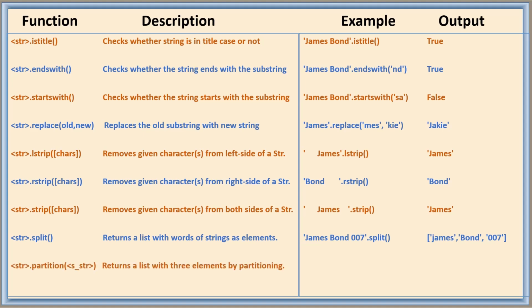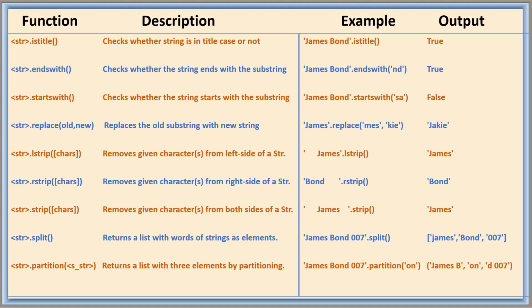String.partition of a substring returns a list but only with three elements. That means whatever substring is given to partition will be an element, and before and after, whatever is left over will be the other elements.